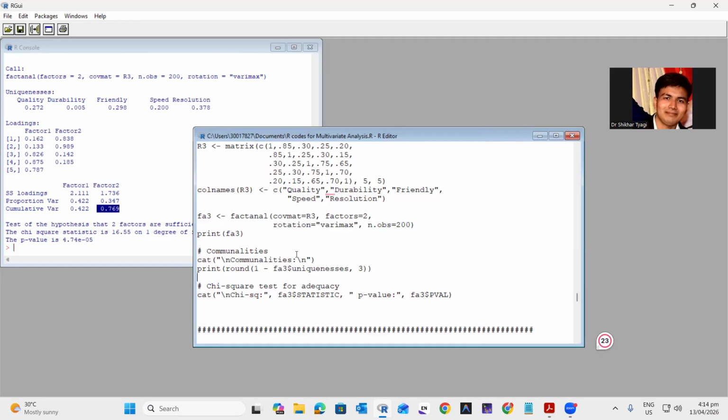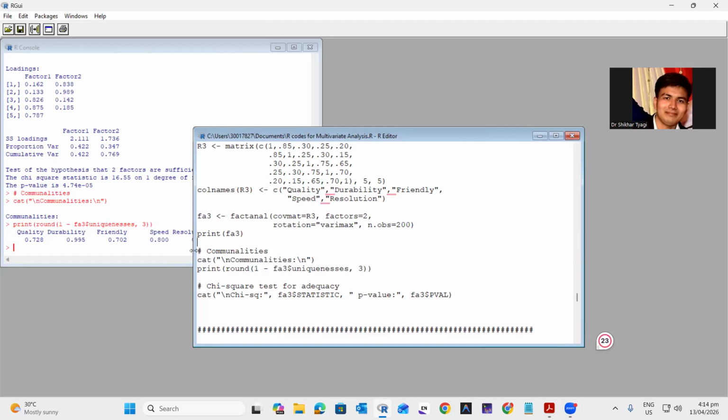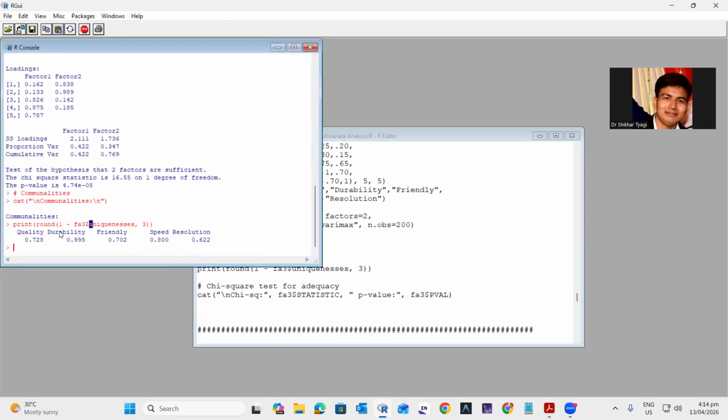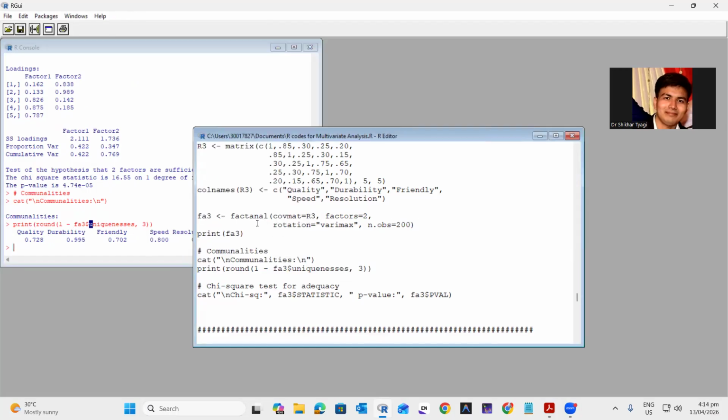After that, we have the communalities, that is 1 minus uniqueness. For that, the command is 1 minus FA3, and in FA3 we need to apply the dollar sign to call the uniquenesses.